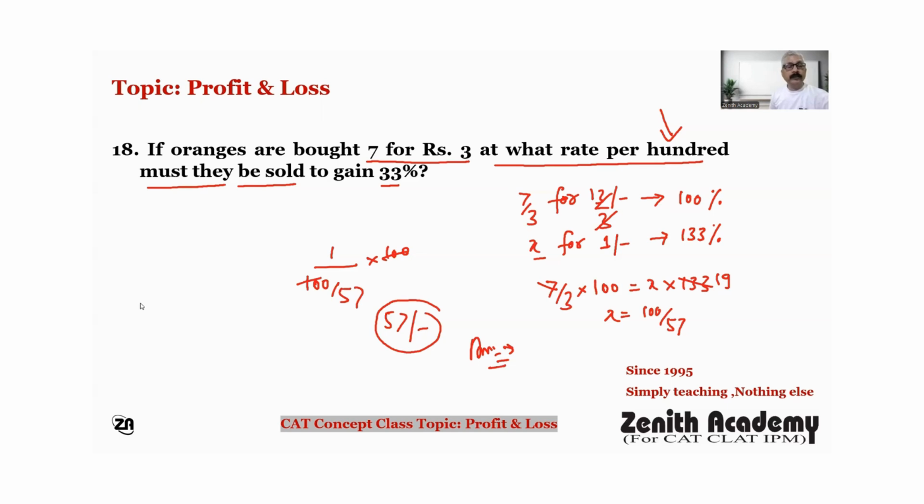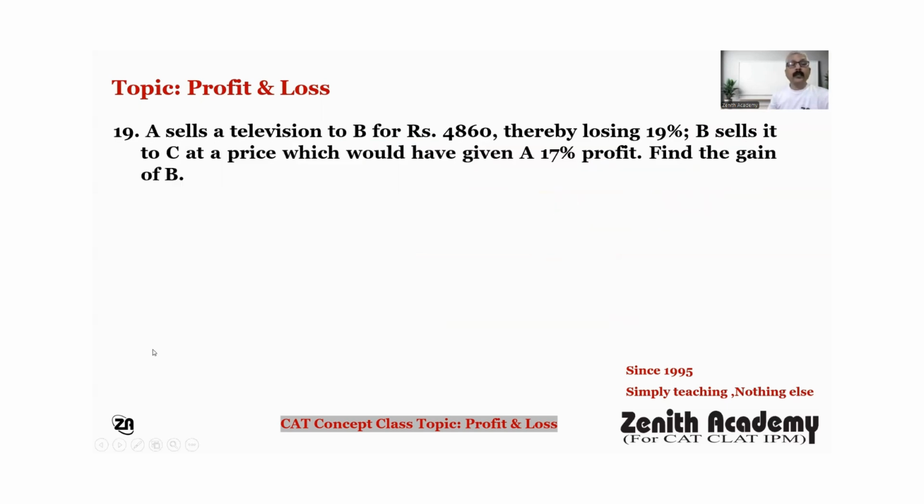Now see next. A sells a television to B for rupees 4860, thereby losing 19%. B sells it to C at a price which would have given A 17% profit.